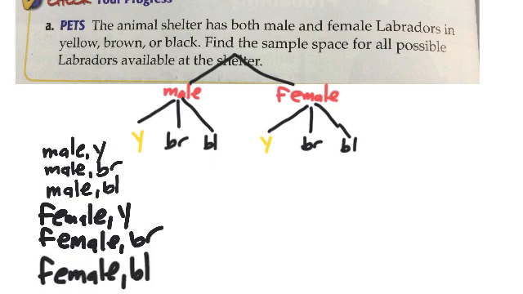So there are 6 possible outcomes. And right there we've listed them all. That is my sample space, is those 6 outcomes.